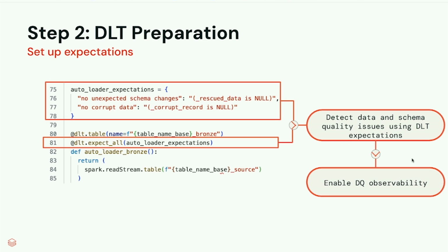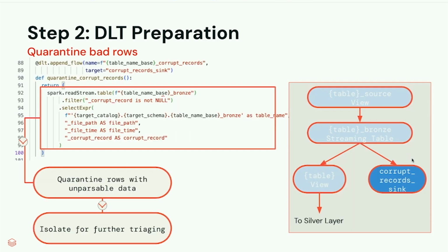They instruct DLT to continuously monitor the data being ingested and validate those conditions. If it detects that any of those conditions is violated, it's going to generate an observability trail in the event log that we can then detect. Expectations also have the ability to do automatic actions, such as dropping the data or failing a pipeline. But here we're mostly interested in the observability aspect of the expectations.